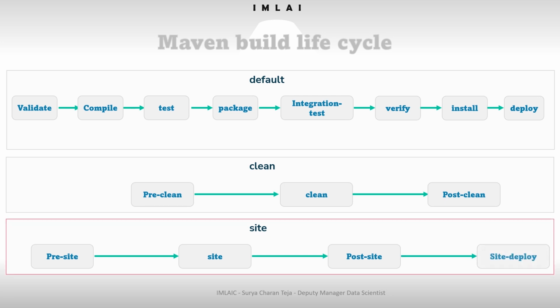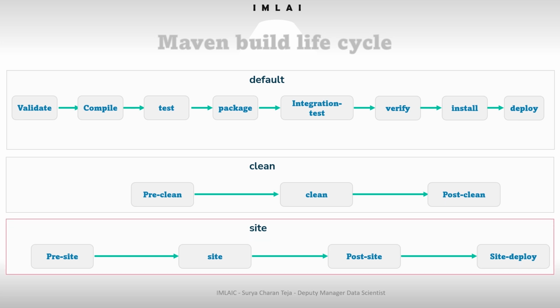So the command used in Maven to generate Java docs for a given project is mvn space site. Basically, when this command is invoked, Maven calls doxia document generation, the docs, basically documentation generation and other report generating plugins.